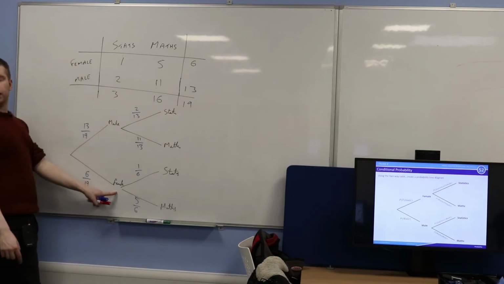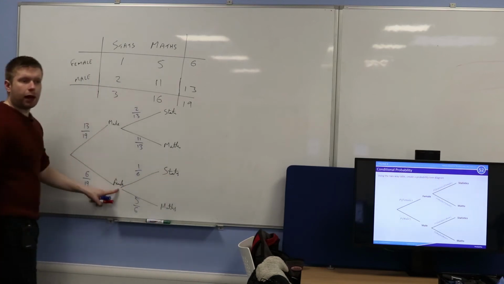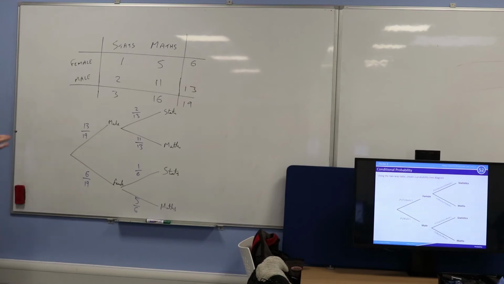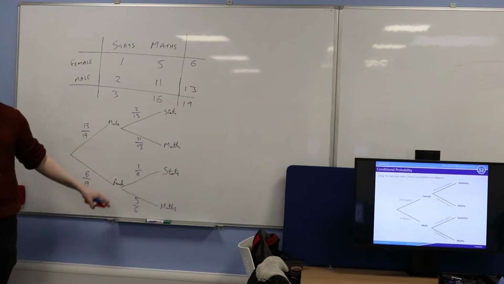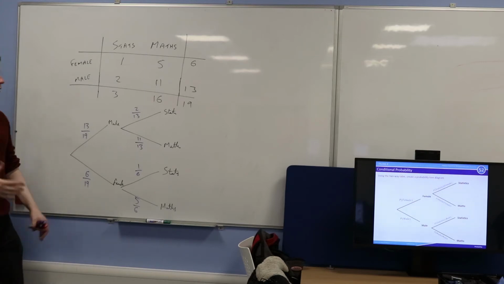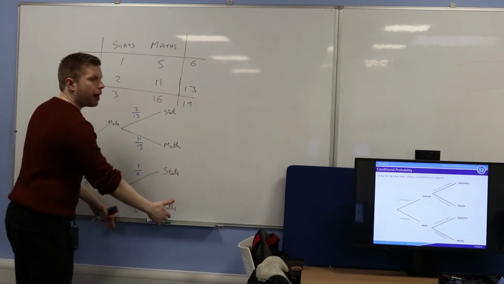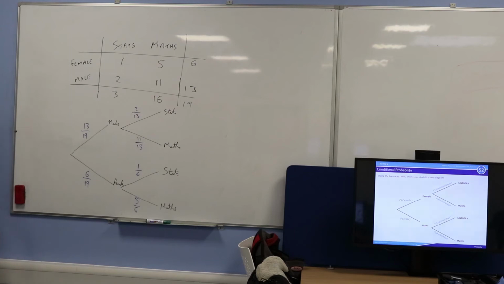This branch says you've taken a female out. What's the probability they like stats? What's the probability they like maths? Okay. So can you tell me, are these two branches dependent or independent? So is this and this, so gender and stats and maths, is it dependent or independent?